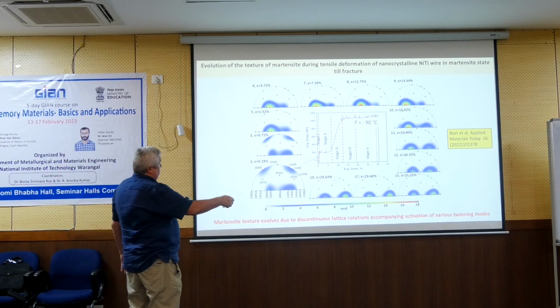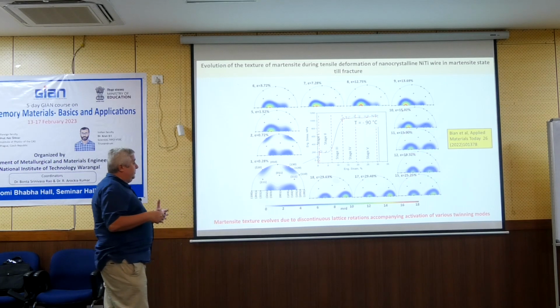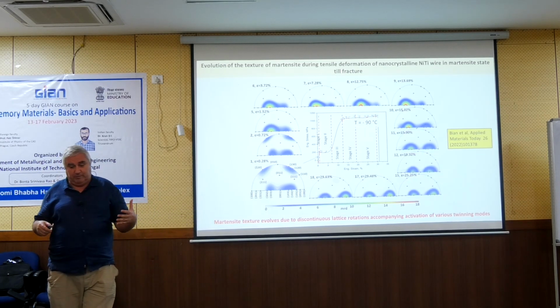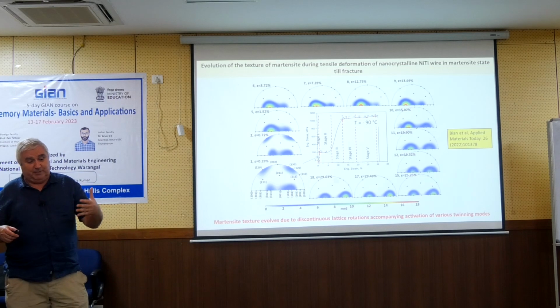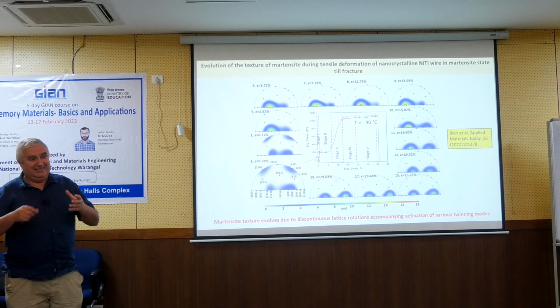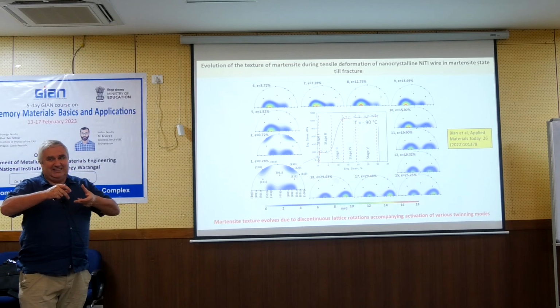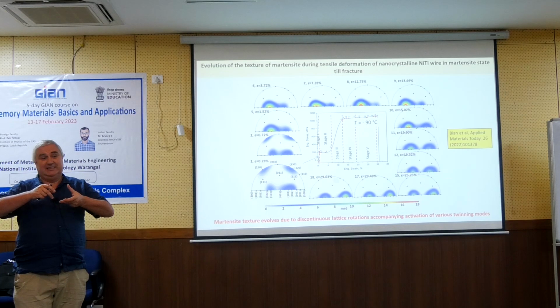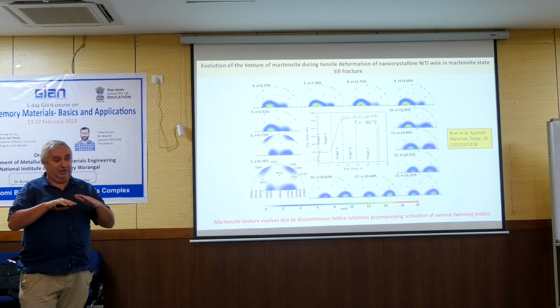So if you look into the textbook, you will find the information that martensite deforms plastically by dislocation slip. Now, if it's by dislocation slip, it must rotate the martensite lattice very significantly, which cannot be just due to conventional slip.